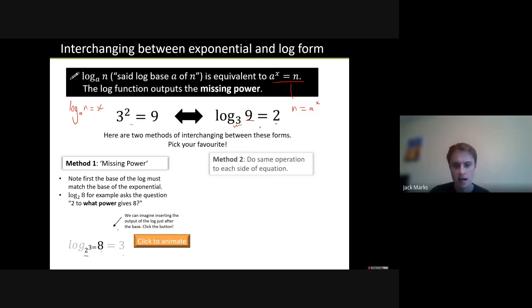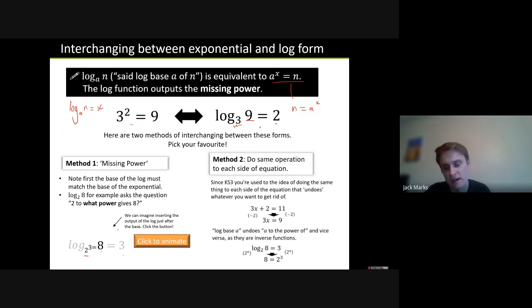Okay. You can also think of it as sort of like balancing equations. So if you're in this situation, log base 2 of 8 equals 3, put the 2 to the power of underneath on both sides. If you put these next to each other, because they're inverses, they will just cancel each other out. And you'll have 8 equals, and remember you put the 2 underneath, 8 equals 2 to the power of 3.